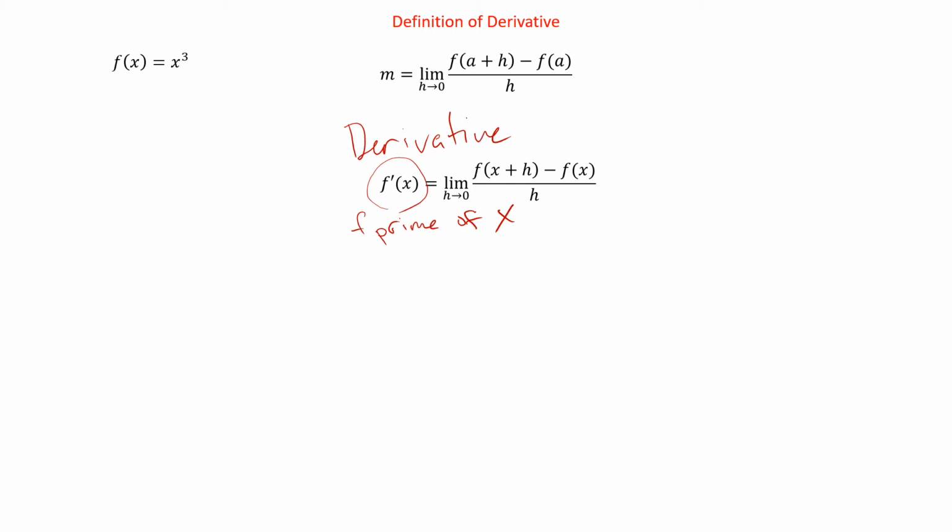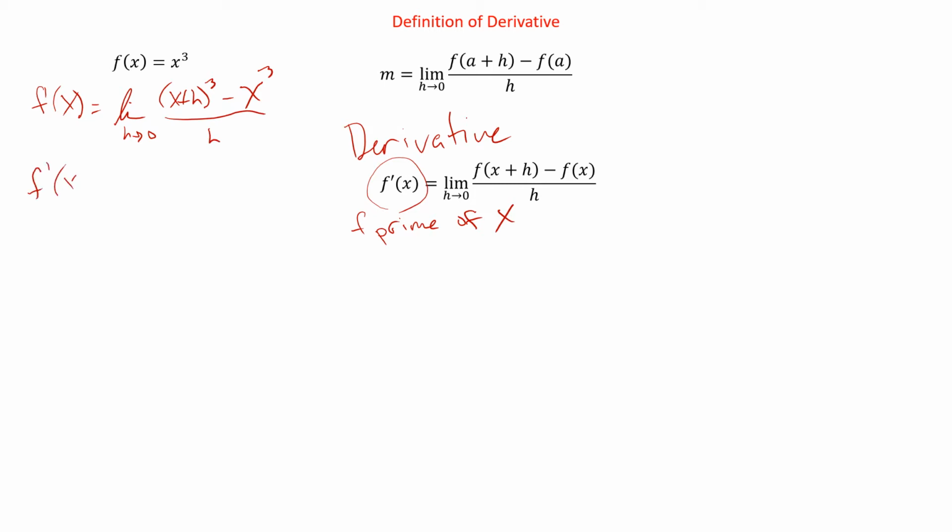So let's find the derivative f prime of x. It's going to be the limit as h goes to 0 of, we need to plug in x plus h. So we'll have x plus h cubed minus f of x, which is just x cubed, over h.